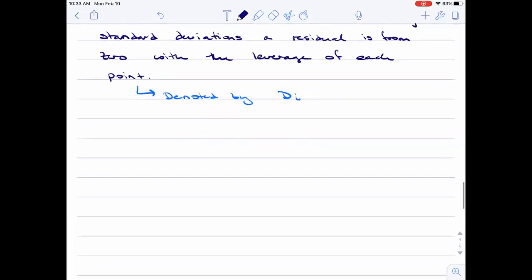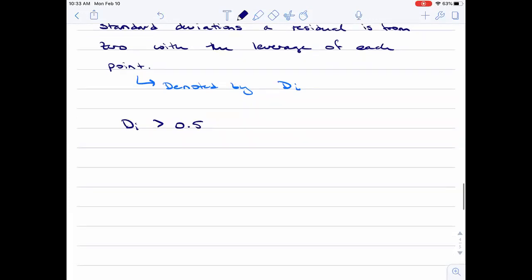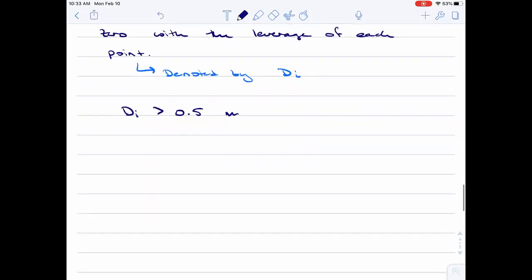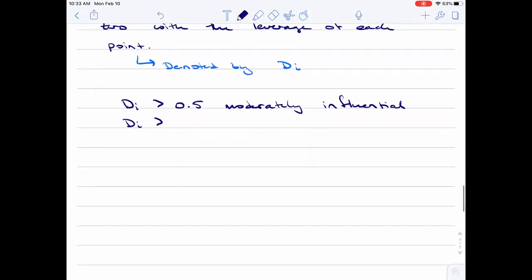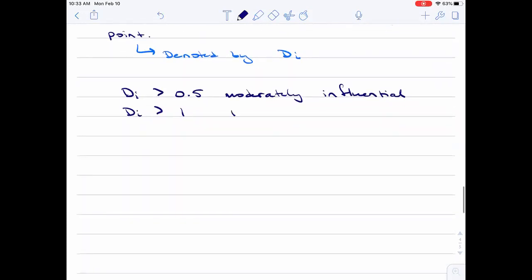What we say is that a D_i greater than 0.5 is moderately influential, and a Cook's distance greater than 1 is considered very influential.